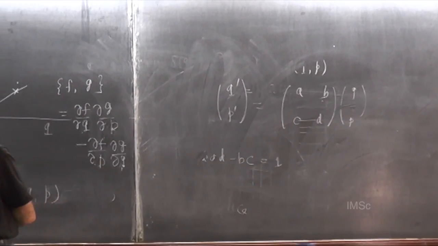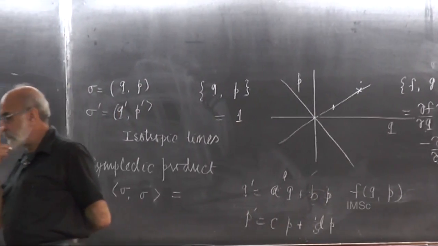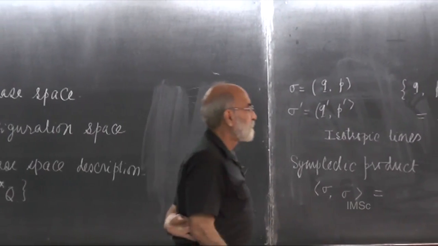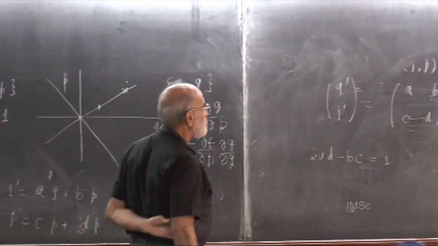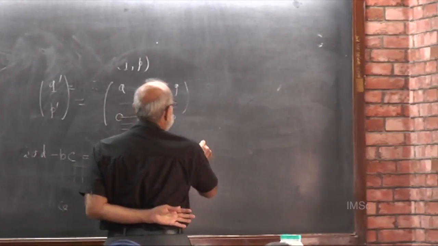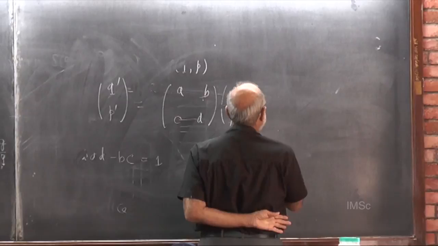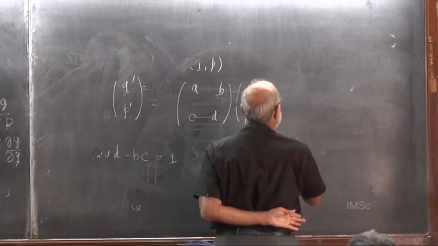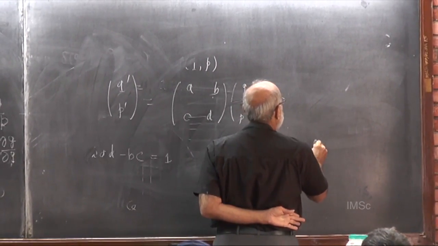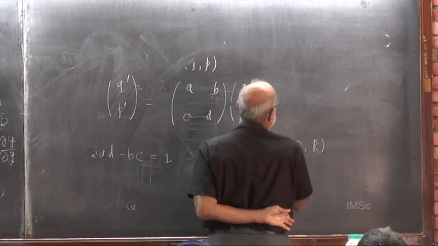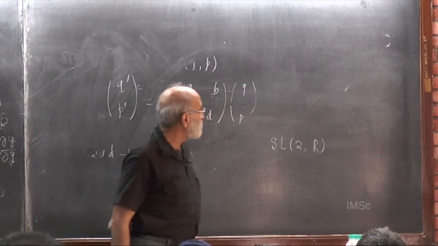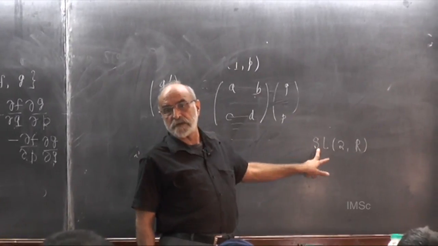All right? AD minus BC should be equal to 1. So at the moment the canonical transformations are implemented by real matrices, in this present context in 2 dimensions, which have a determinant equal to 1.